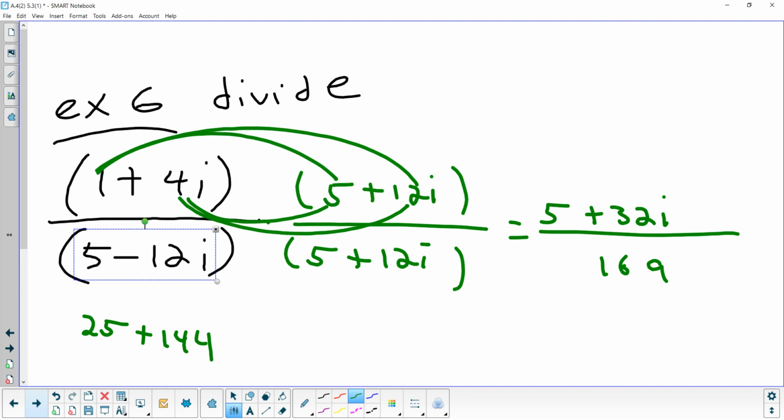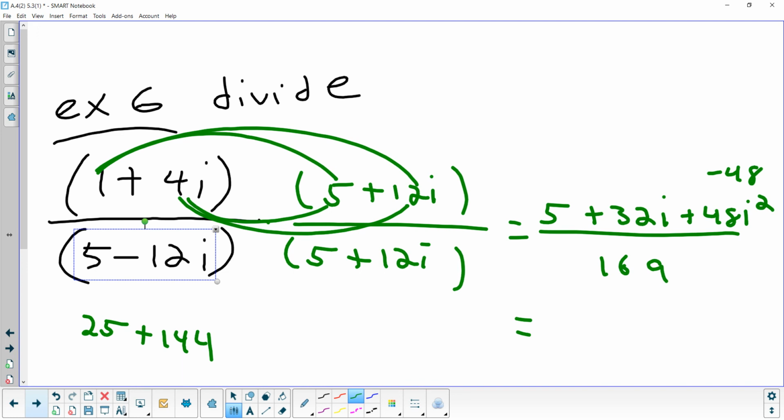Careful, we forgot something. 48i squared. And 48i squared is really what number? That's really a negative 48, because that means 48 times negative 1.